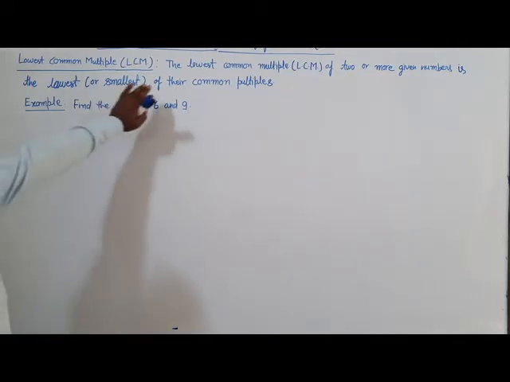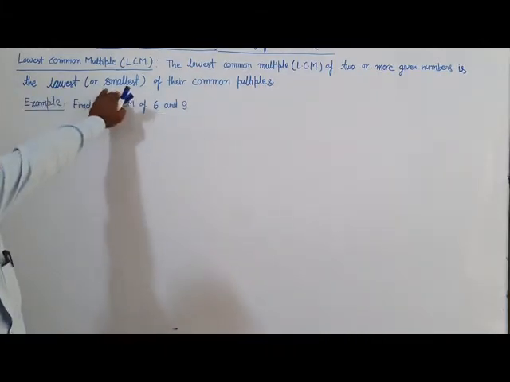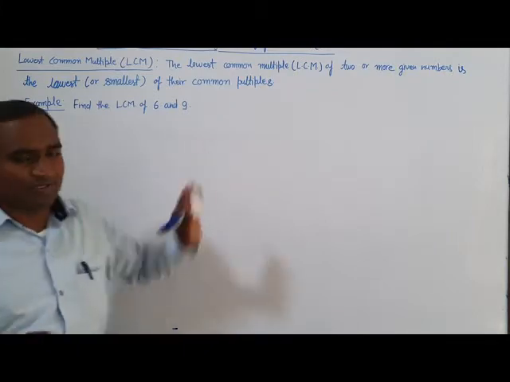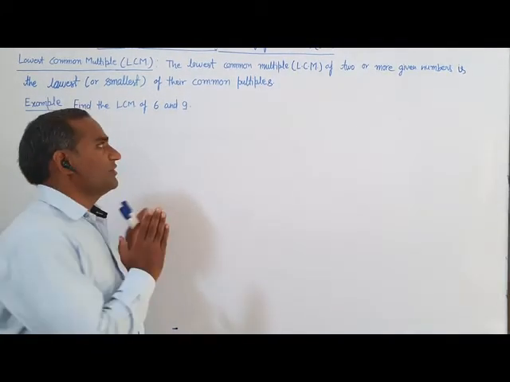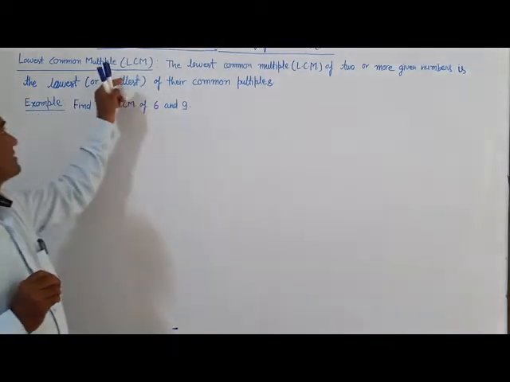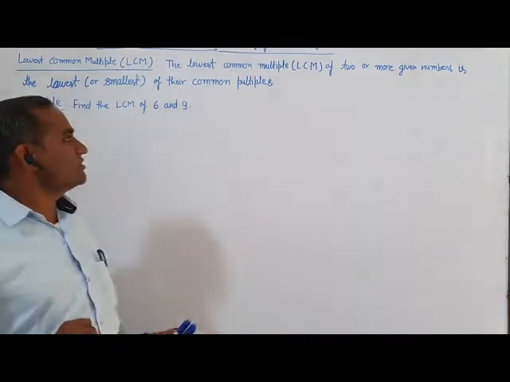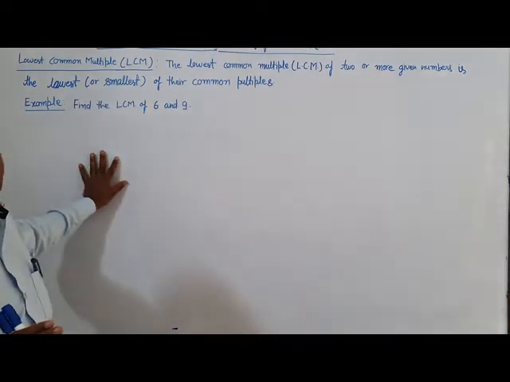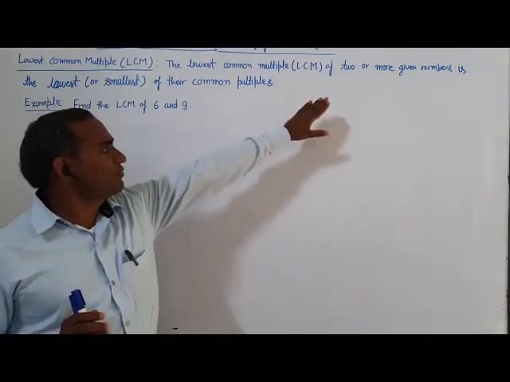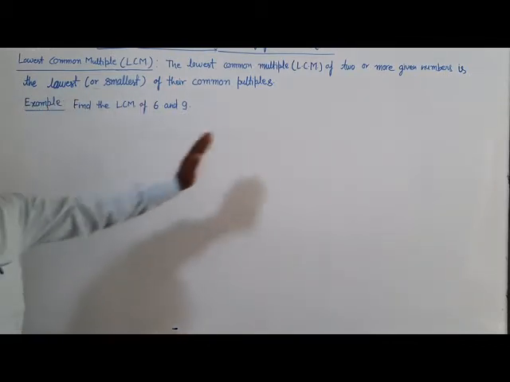So the lowest common multiple of two or more given numbers is the lowest or smallest of their common multiples.